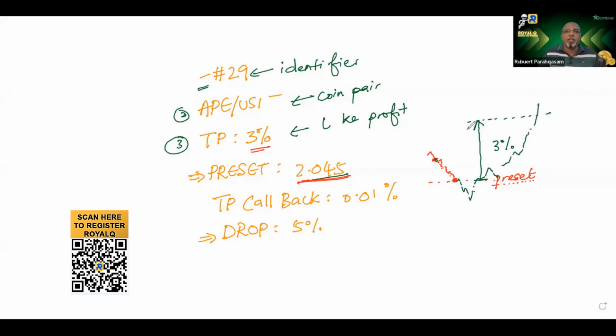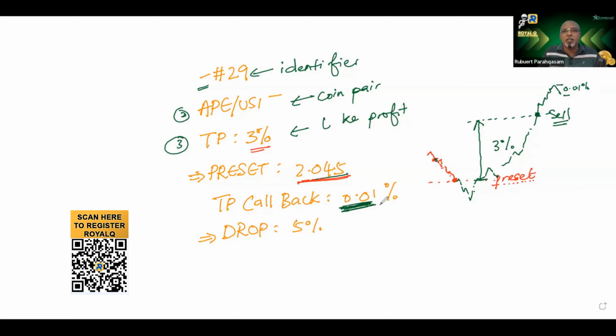When will it sell? When this callback happens. Callback means once it has touched the take profit price, the market continues to go up, it's good. But the moment it turns in the other direction by 0.01%, the robot will sell. Why is this so tight?